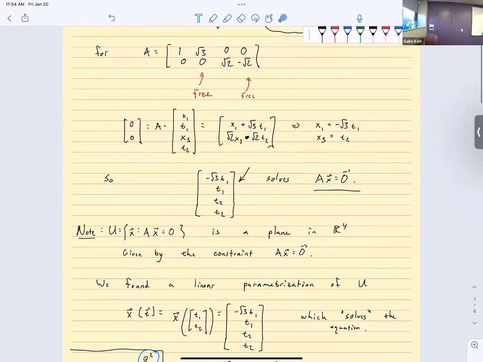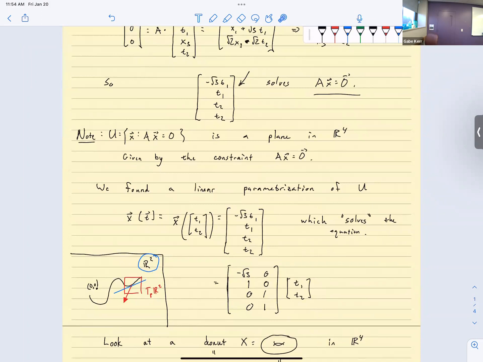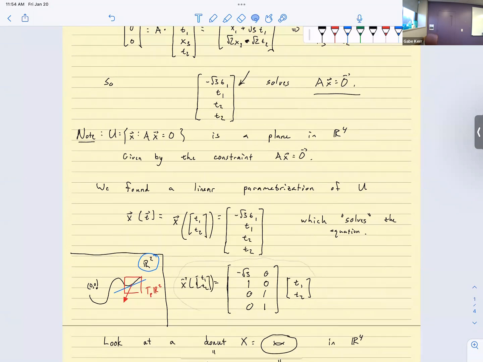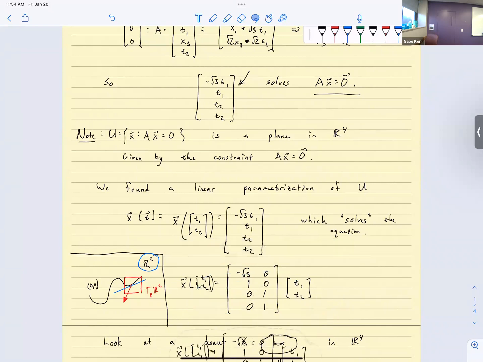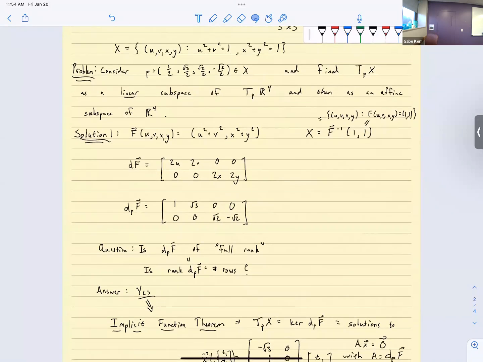In fact, explicitly parameterized it by this equation. Its parametrization will give us the answer.